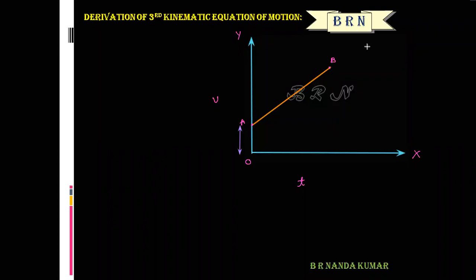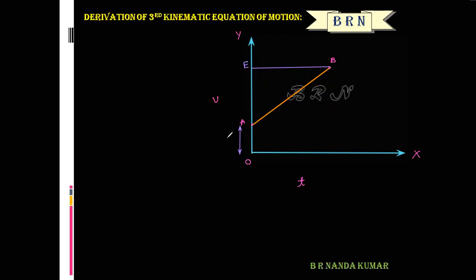Let us consider this point as E. OE represents the final velocity.